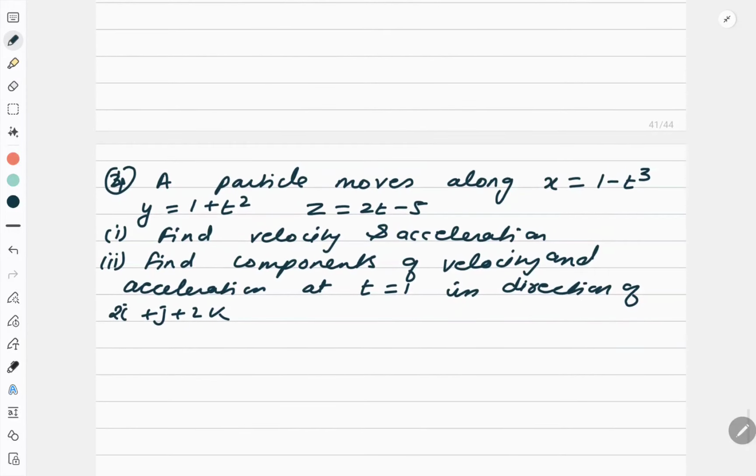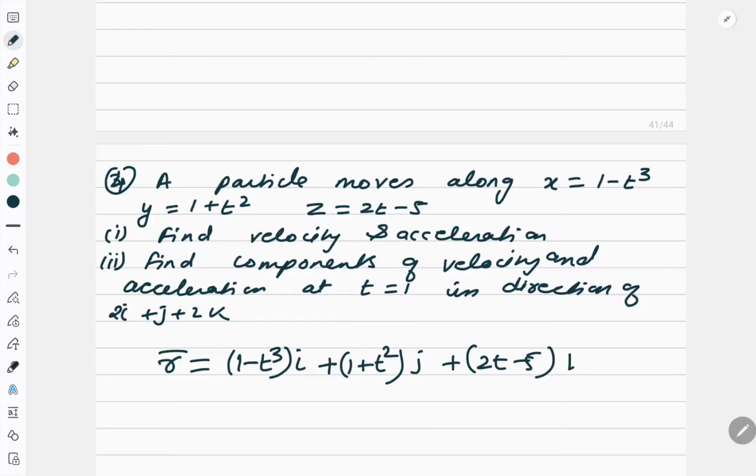Again the same thing. A particle is moving like this. Find velocity and acceleration. So first you frame your r. R is (1 minus t cube)i plus (1 plus t square)j plus (2t minus 5)k.